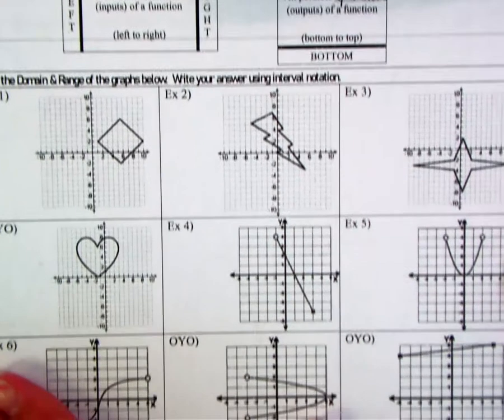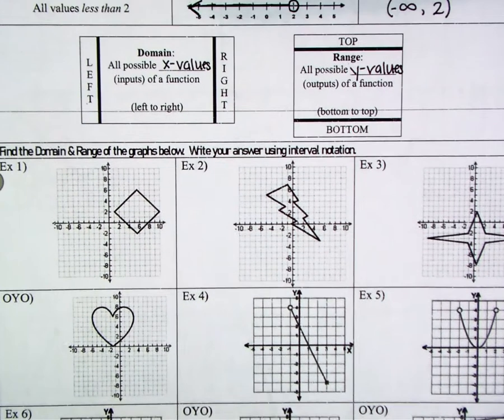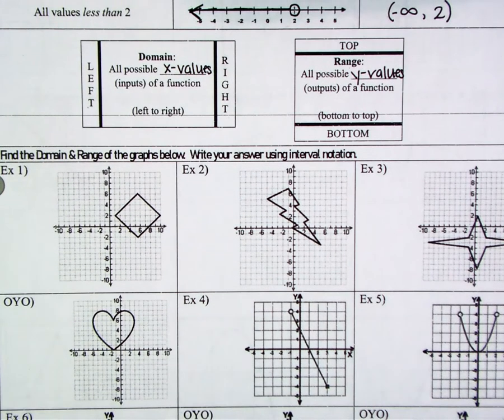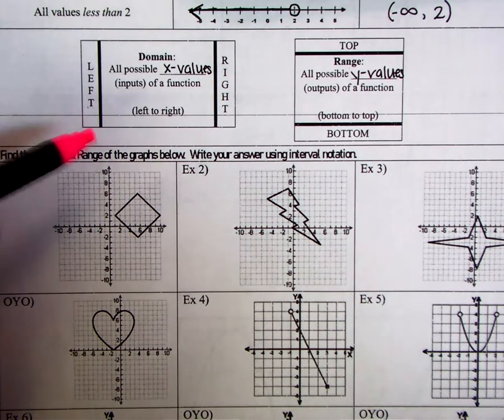And so if we work through a couple of examples, we're just going to figure out the domain and range using these graphs. There are ways to look at functions and figure out your domain and range, but we're just going to look at the graphs to start out with. If we're looking for domain, that is my x value. So I'm going to box in my function.